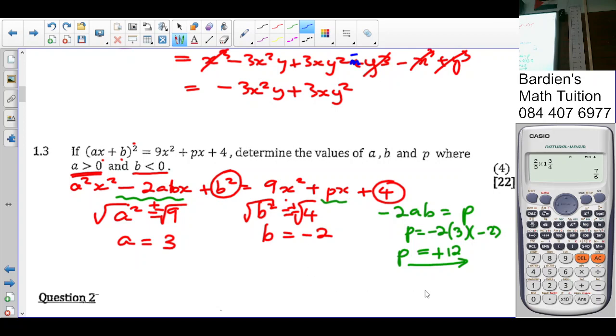I made a mistake here. Here's my mistake. Why do I have a plus here? A minus. Supposed to have been a plus. Is your binomial square?